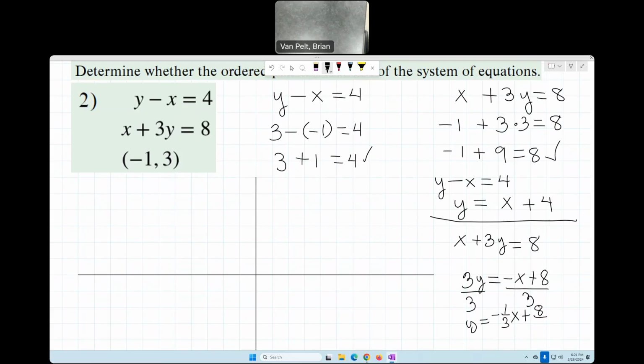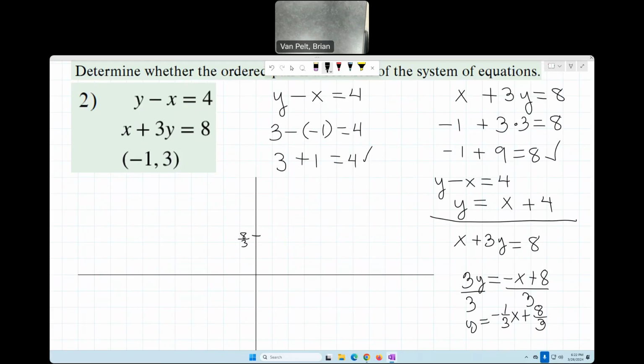Of course, this one has a bad y-intercept. 8/3 is about 2 1/3. Not exactly on this one. And the slope is -1/3.